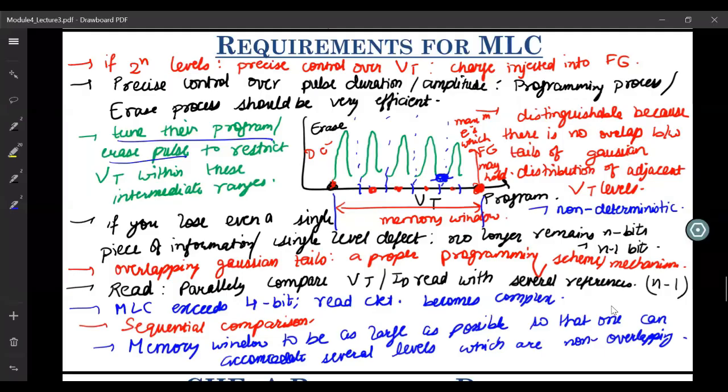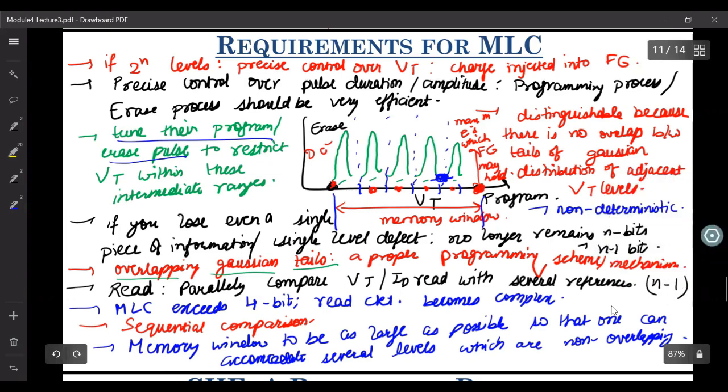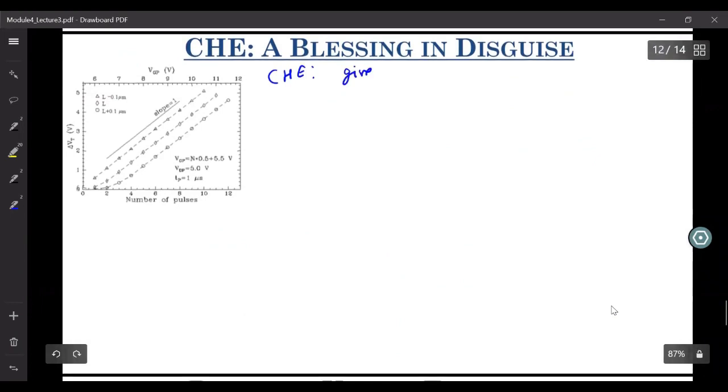Now we saw that an important requirement for MLC is that the threshold voltage distribution of these intermediate levels should be as narrow as possible, right? So there should not be any overlapping Gaussian tails. If you remember from your previous lecture, your CHE is relatively immune to process variation, or it gives you a narrow VTH distribution, right, as compared to FN.